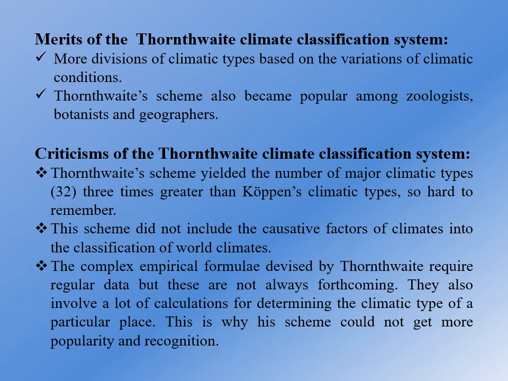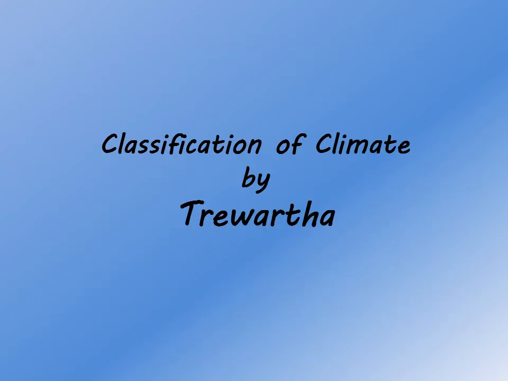After Thornthwaite, another climatologist known as Trewartha proposed a classification scheme in his book An Introduction to Climate. Basically, Trewartha produced a classification scheme which is a modified version of Köppen's climate classification scheme.